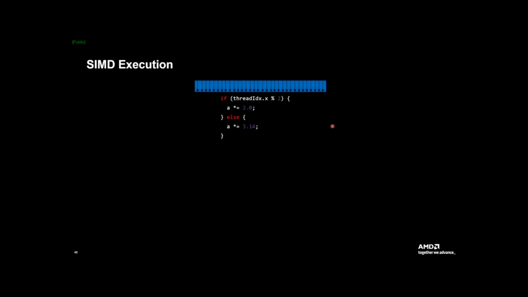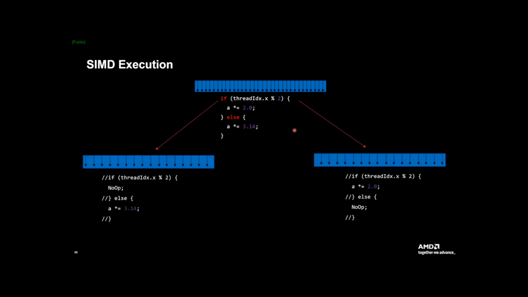We have this: modulo 2, multiply by 2, multiply by 3.14, and this is what happens. In this case the condition is false, so it executes a no-op and continues here, while here it is true, so it does this operation and a no-op on the other path.